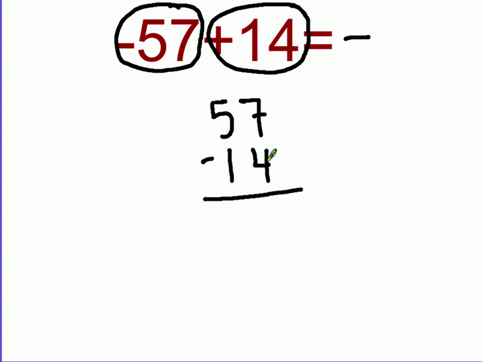So 7 minus 4. And 5 minus 1. So we are left with 43 villains after this battle.